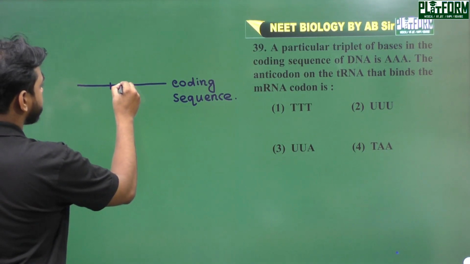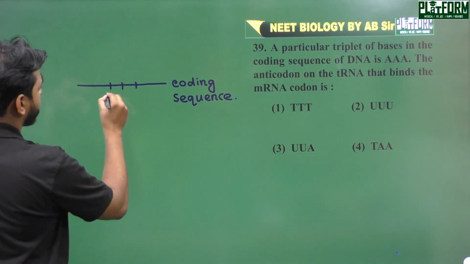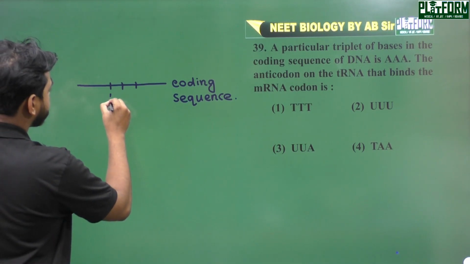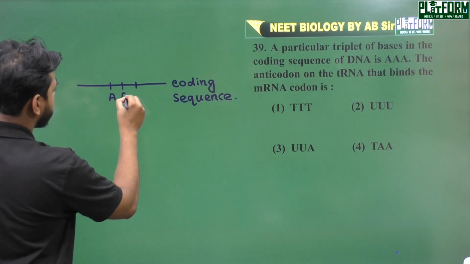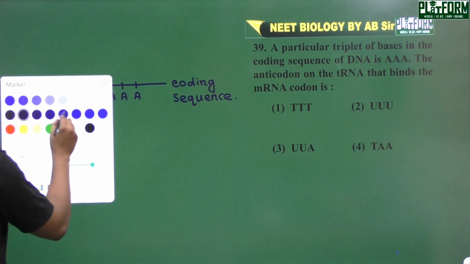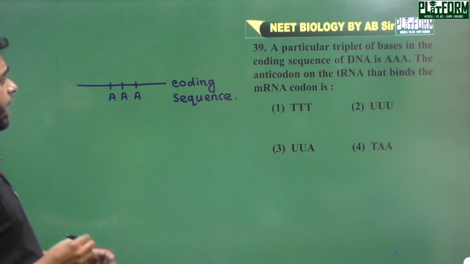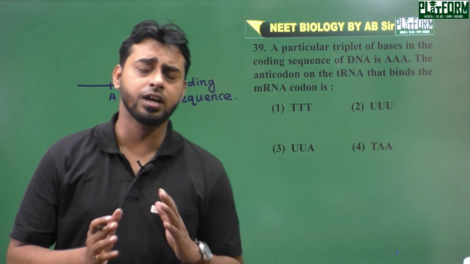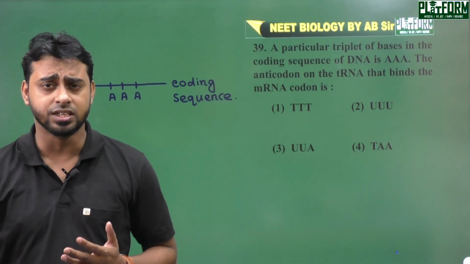So the nitrogen base which is present in the coding sequence, that's A. So we know that both the strands of the DNA are complementary with each other.